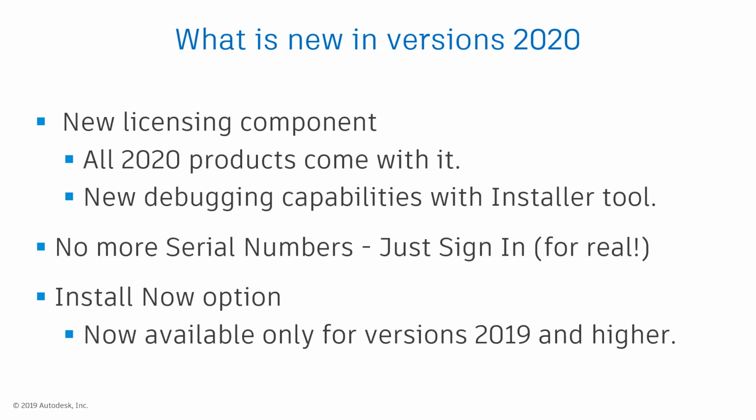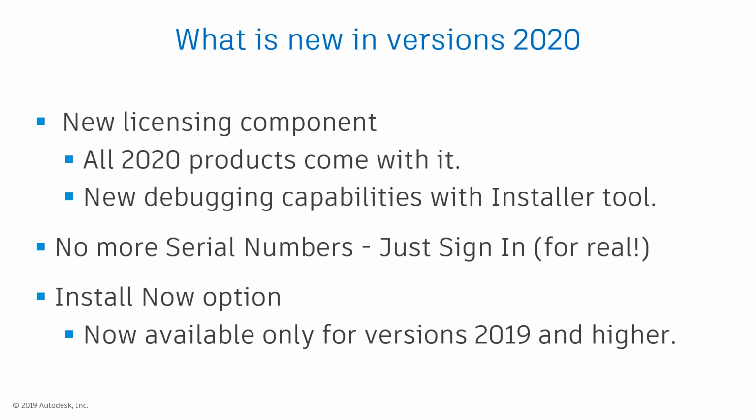As I said, all 2020 products, or most of the 2020 products, come with this new licensing system, and that gets installed right at install time. It also gives us some debugging capabilities, which is something that in the previous versions we didn't have.